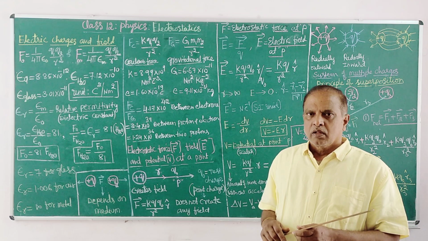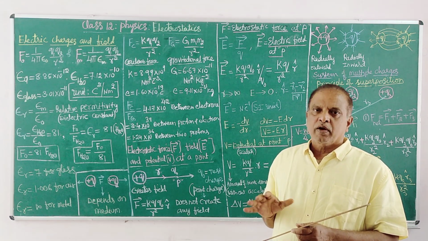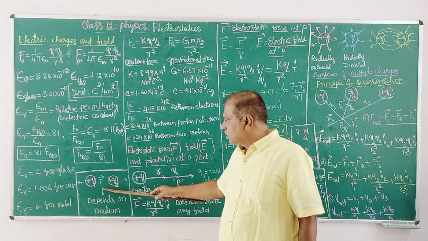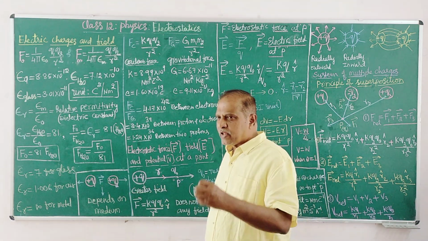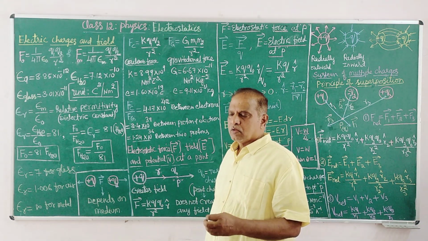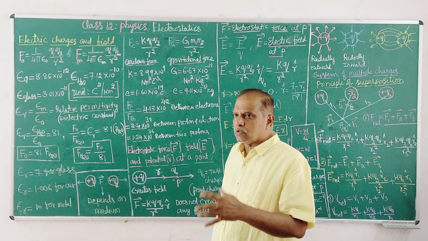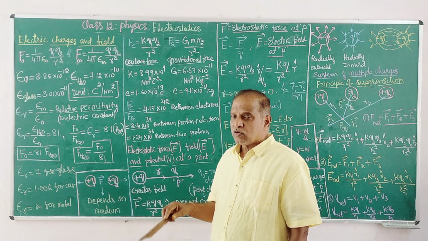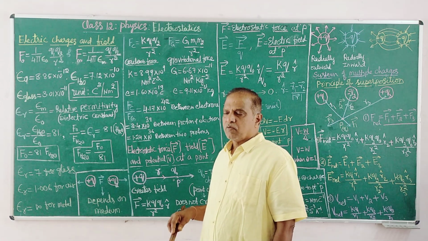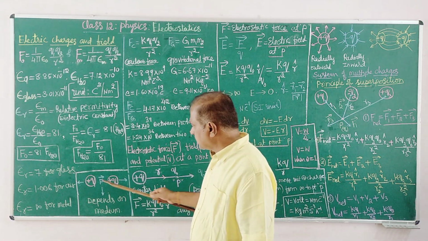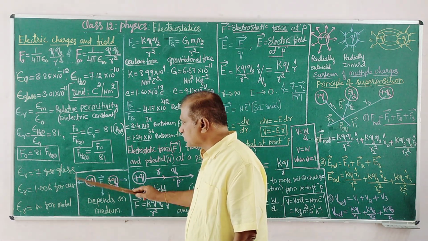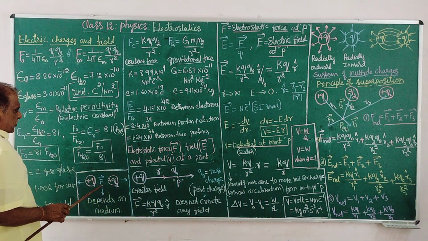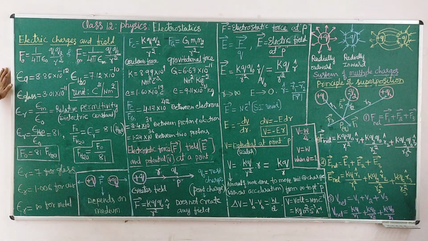Meaning, the substance will allow or permit its own electric field, its own electrical force, which will actually oppose this electric force. That is the concept we need to understand.